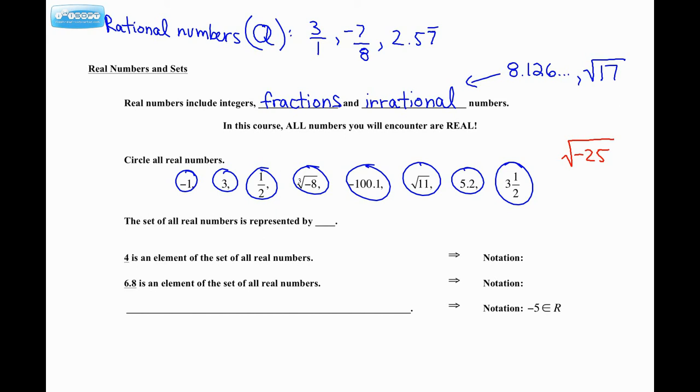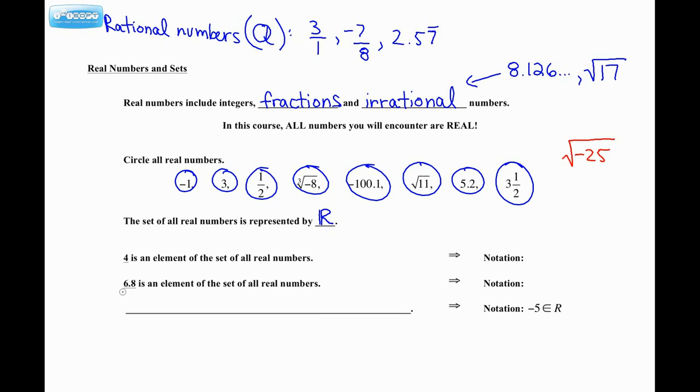All right, so let's talk about notation. The set of all real numbers is represented by, remember, the Q is rational numbers, the Z was integers. If you're talking about all real numbers, we just use a capital R, and it's kind of bolded here on the side. Okay, so if you see capital R like this, that just means a person is walking around with a suitcase and it's full of all of the real numbers in the universe. Okay, all in that set. All right, so we say 4 is an element of the set of all real numbers.